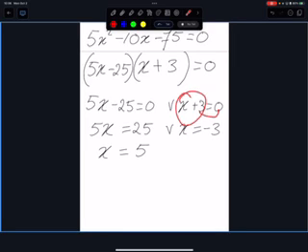Something plus 3 is 0, so x is minus 3. Minus 3 plus 3 is 0.